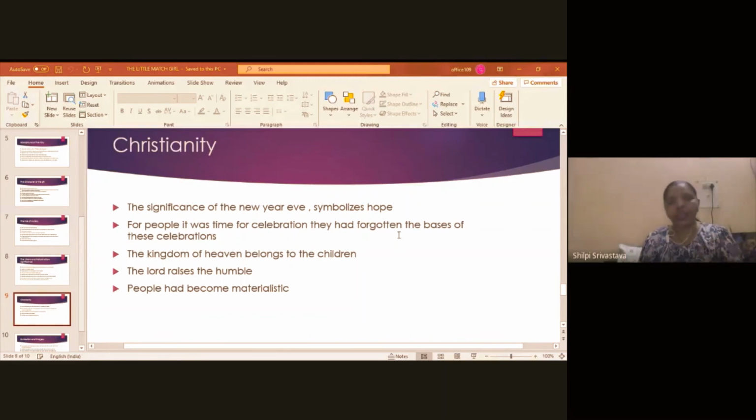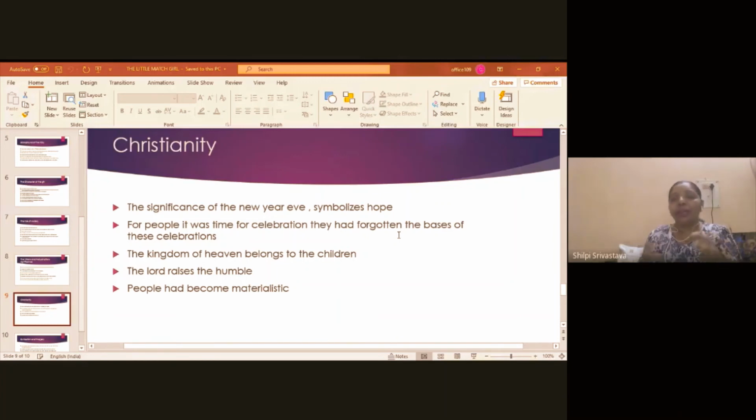So this is what it says: the Lord raises the humble. In the Bible, it is written that the more humble you are, the more submissive you are, God loves you. All right, and here, the kingdom of heaven belongs to the children. People have become materialistic. So these two important factors, that the kingdom of heaven belongs to the children and the Lord raises the humble, people have forgotten these basic lessons of Christianity.